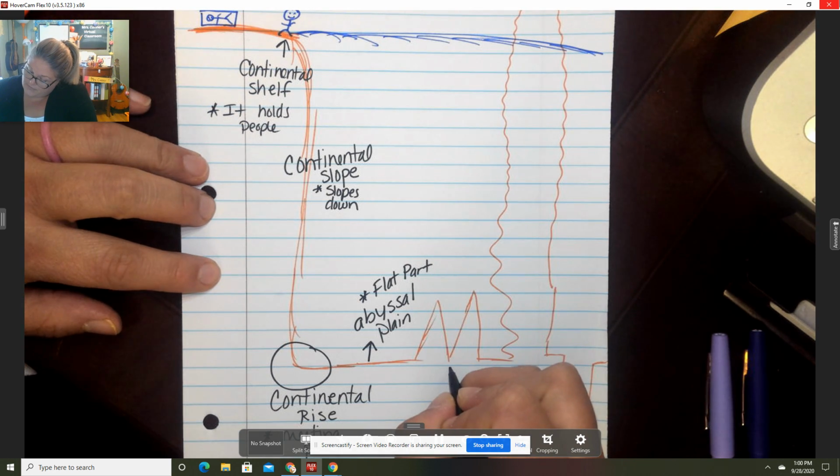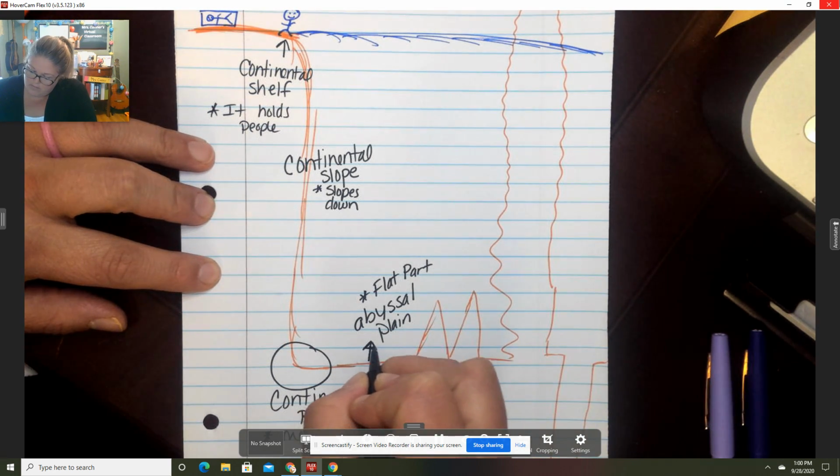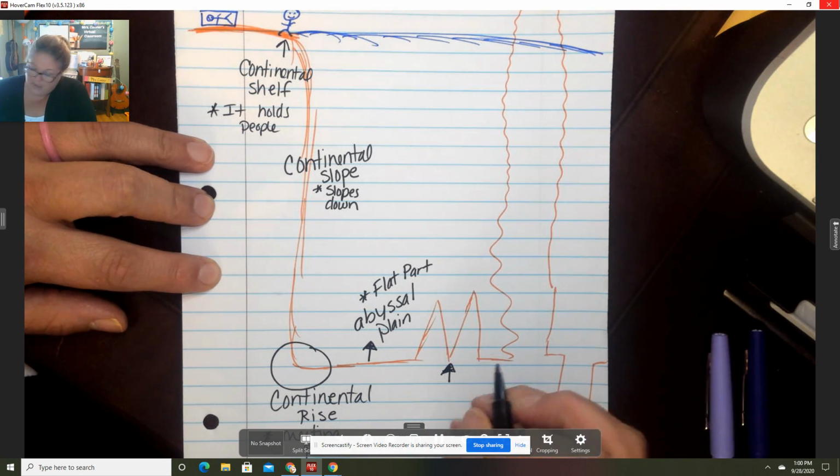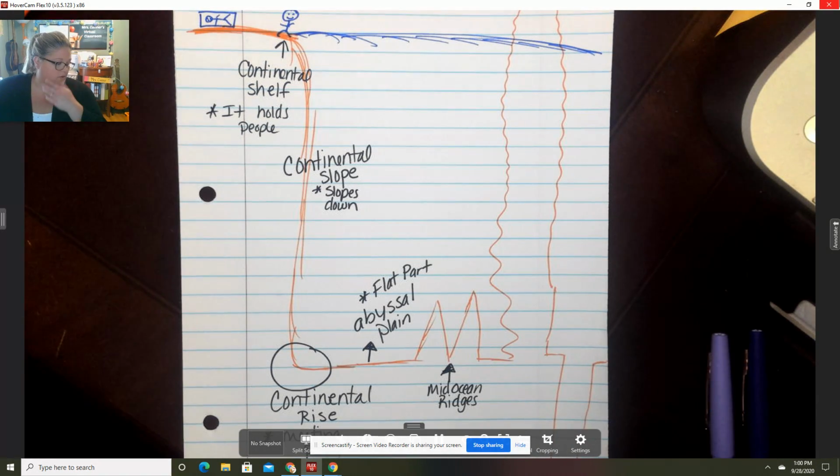But we just need to know that these are called mid-ocean ridges. They're just a mountain range underwater.